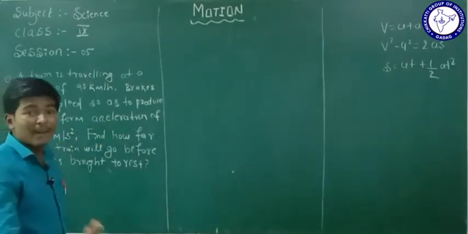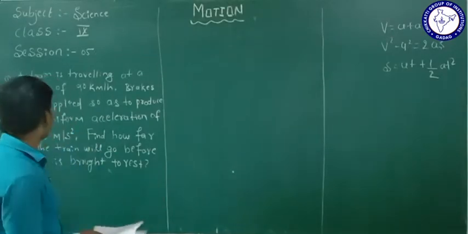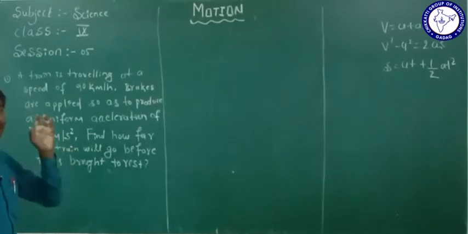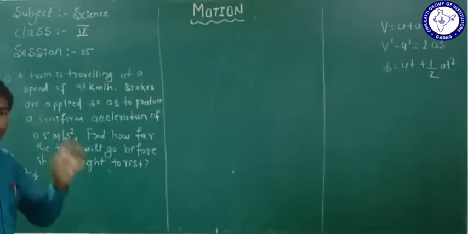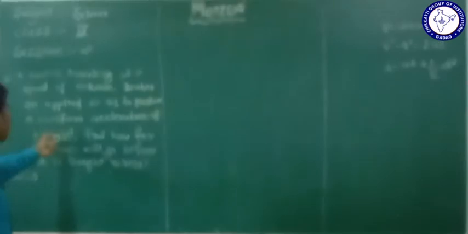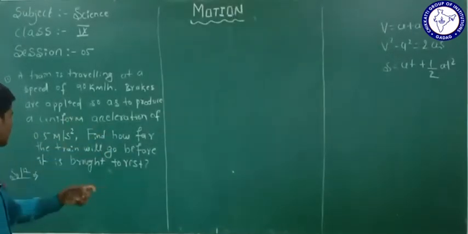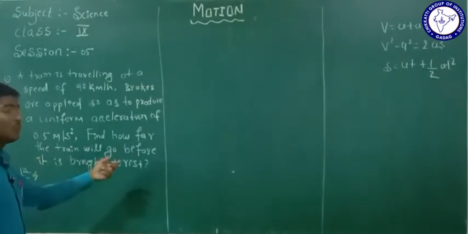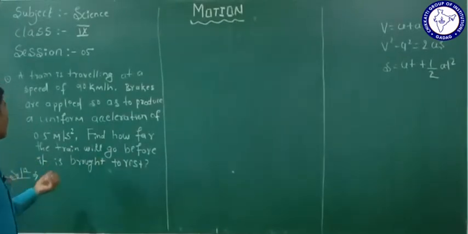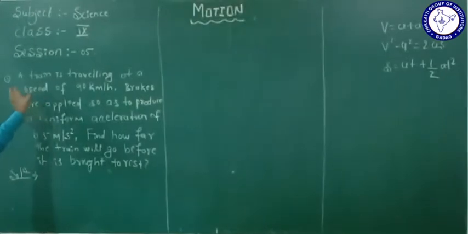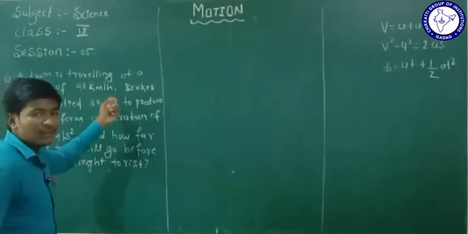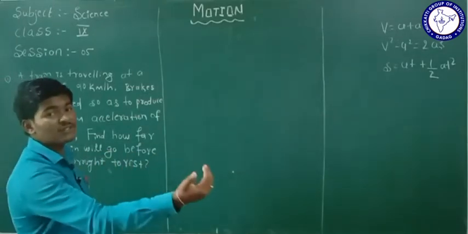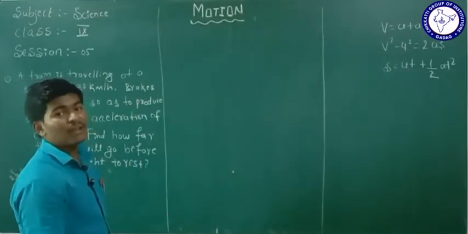Suddenly a brake is applied to a moving train of 90 km per hour, in such a condition that it should move with a 0.5 meter per second square acceleration. Find how far the train will go before it is brought to rest. So when we apply the brake while it is going at about 90 km per hour, how much distance it covers to stop the train, that we are going to calculate here.